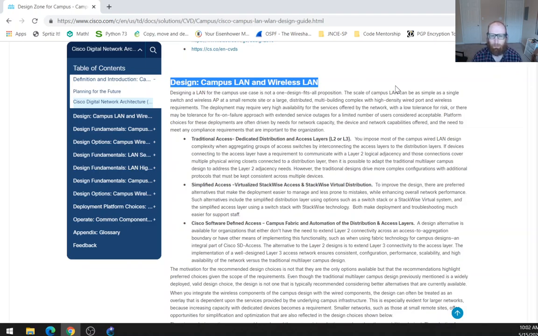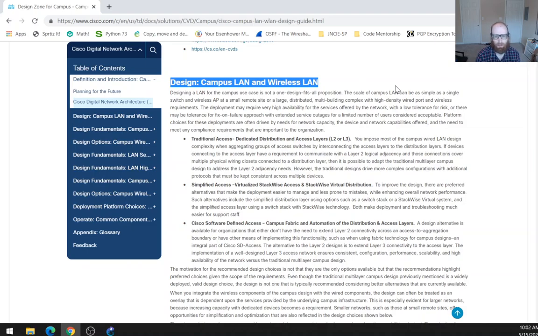The deployment may require very high availability for the services offered by the network with a low tolerance for risk, or there may be tolerance for a fix-on-failure approach with extended service outages for a limited number of users considered acceptable. Platform choices for these deployments are often driven by needs for network capacity, the device and network capabilities offered, and the need to meet any compliance requirements that are important to the organization.